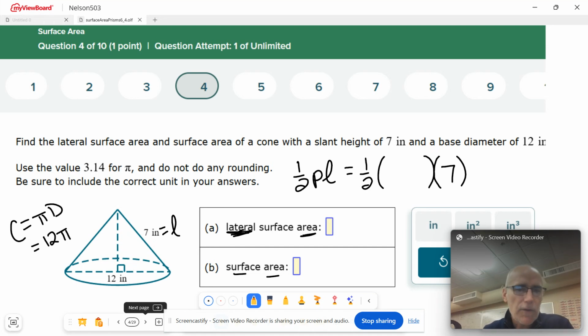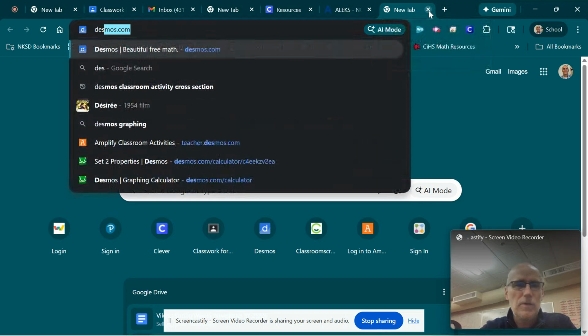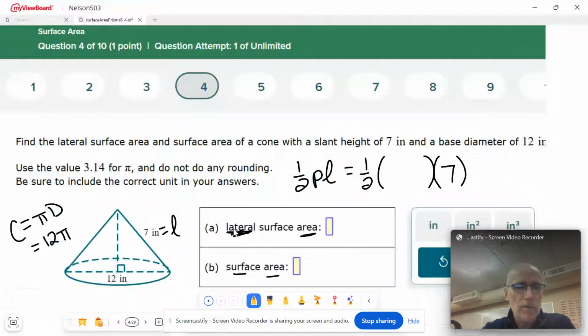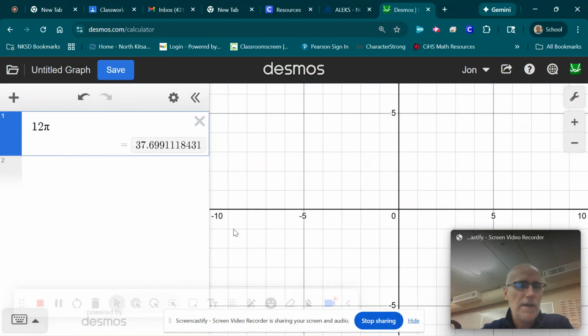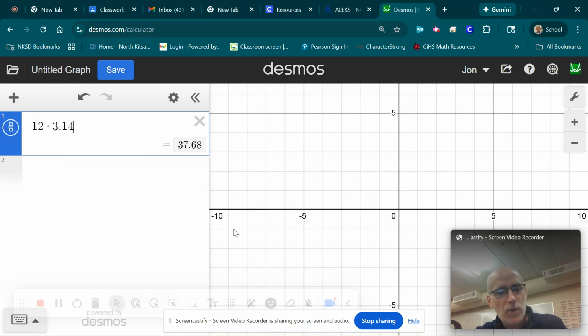So now we definitely need Desmos, right? You jump over and you open up Desmos, and it doesn't take that long to open that up. What was the 12 pi? I want to go 12 times pi. Oh, but it doesn't want me to do that. It wants me to go 12 times 3.14. Oh, geez, how'd that happen? I missed the decimal point. Okay, 37.68.